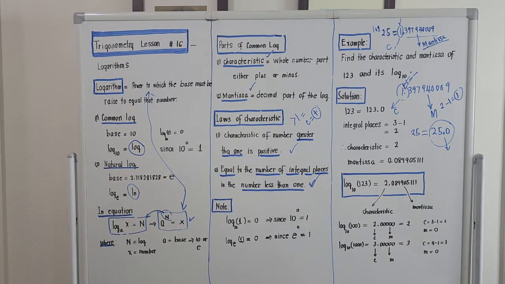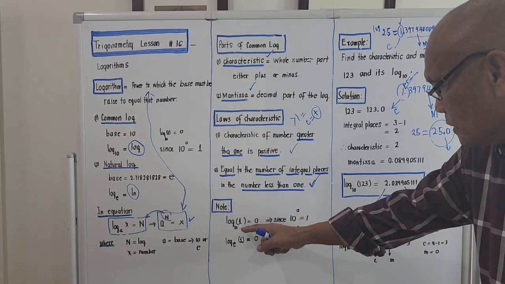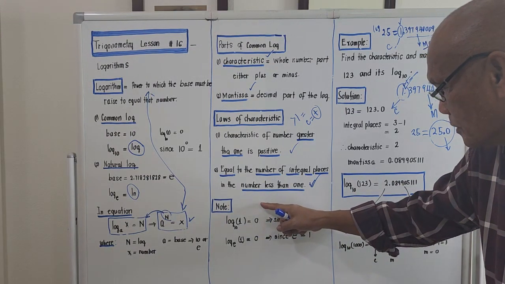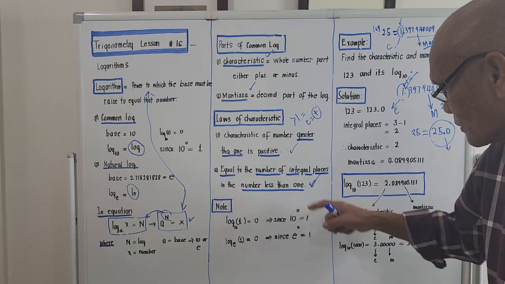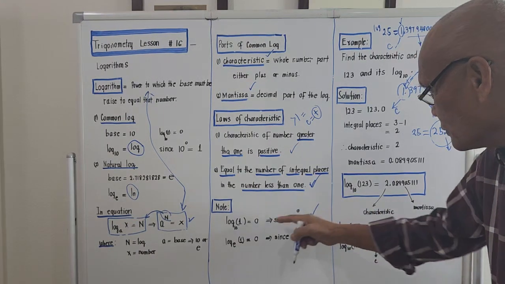I will try to bring out some special cases under the study of logarithm. Actually, we have done this already under the study of algebra. The common logarithm of 1 with the base of 10 is equal to 0, since 10 to the 0 is equal to 1. We should know this one.